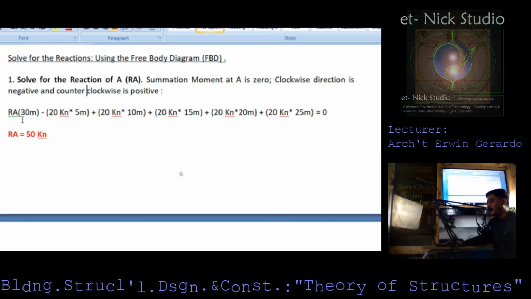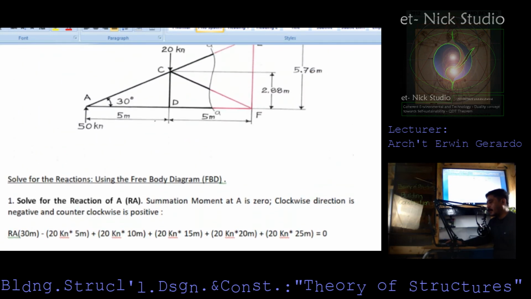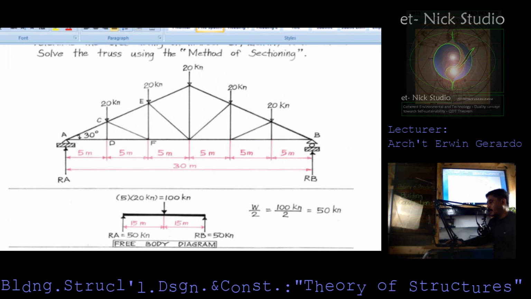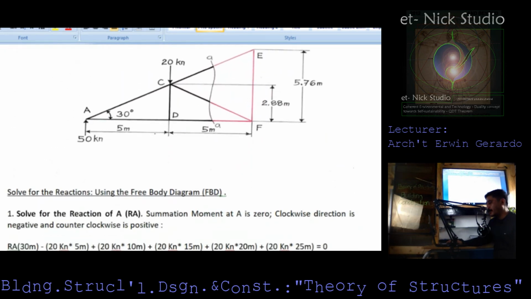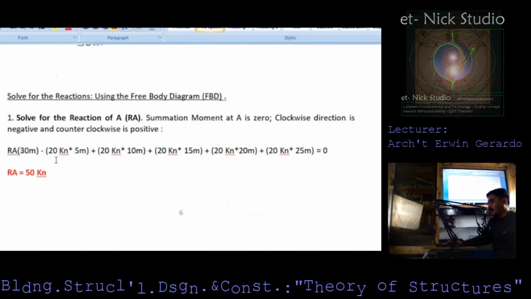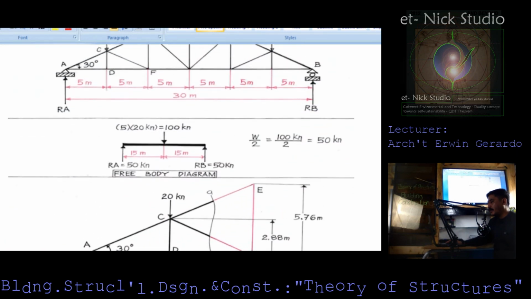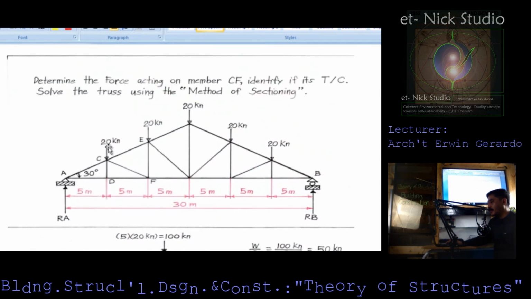So reaction of A, if we're going to benchmark it at this direction, reaction of A times 30 minus 20 kilonewton. So here, this is already considered to be our clockwise motion, which is negative.